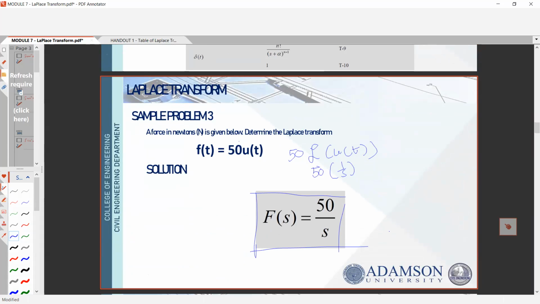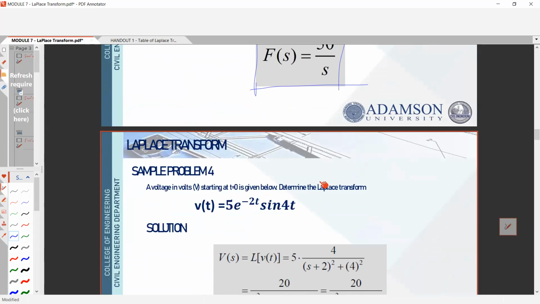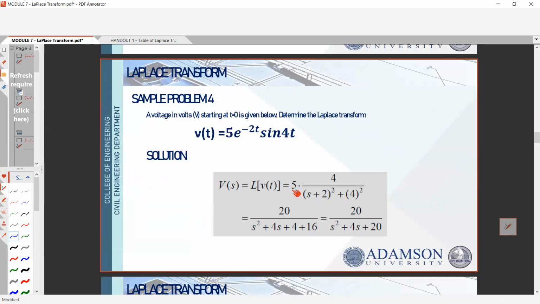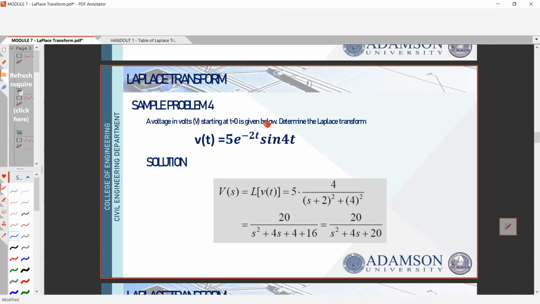Okay, so try pa tayo isa. For example, sample problem 4. A voltage is given by the equation V of t is equals to 5 e raised to negative 2t sine of 4t. So we need to check din natin if meron tayong Laplace transform na table para dito sa function na to.